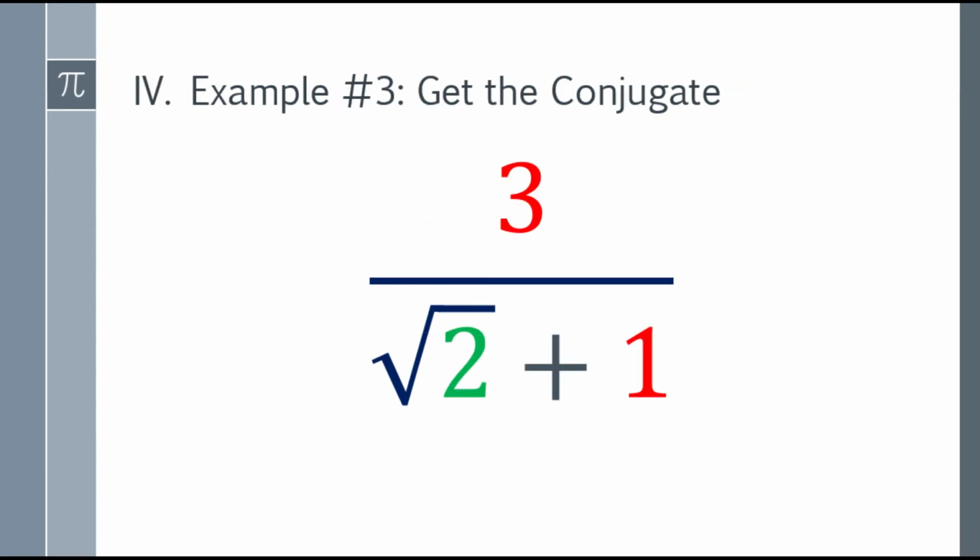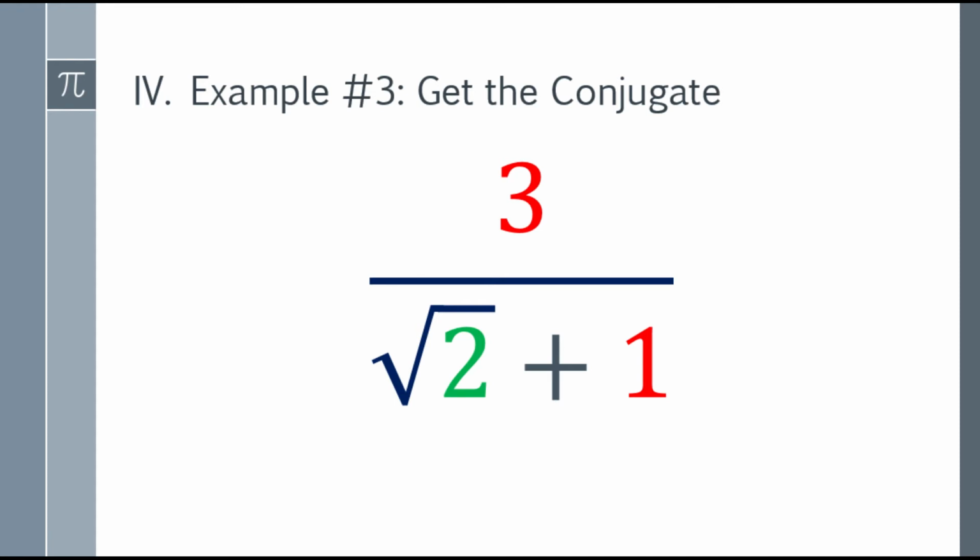Okay, let's have the next example. Example number 3, get the conjugate. So we have 3 over the square root of 2 tapos plus 1 tayo. So, sir, paano ba yung conjugate? So, kailangan natin kunin yung conjugate para mawala yung radical sign. So, we need to multiply to the conjugate.